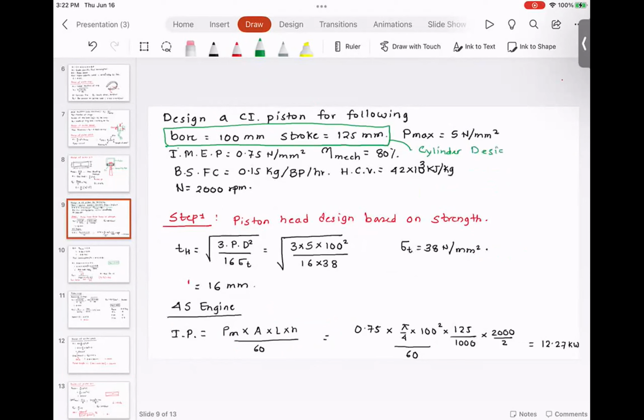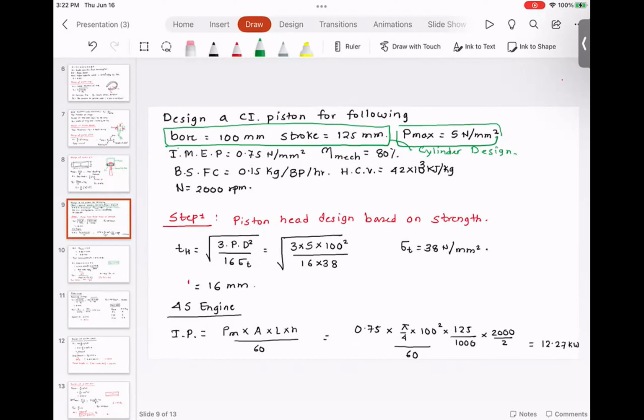If you look at the first part where we designed the cylinder, we decided the bore and the stroke. Pmax also comes from the cylinder design. IMEP, efficiency, all this information comes from the cylinder design.